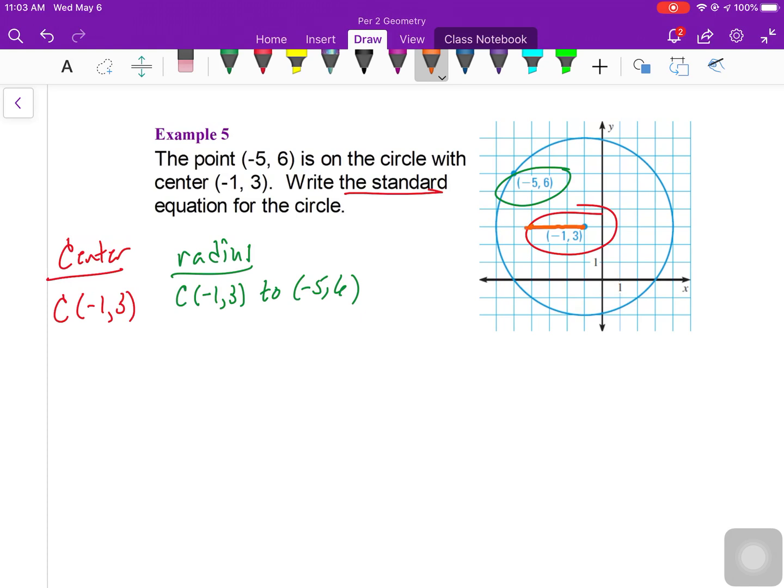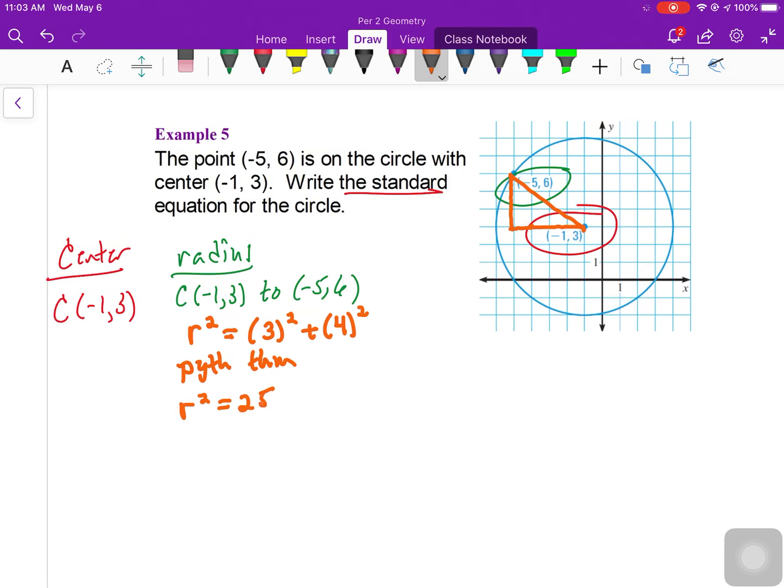If I'm going from negative 1, 3 to negative 5, 6, I go left 1, 2, 3, 4, and then I go up 1, 2, 3. Since I went left 4 and up 3, I can find the distance between these 2 points by saying the radius squared will be equal to 3 squared plus 4 squared.